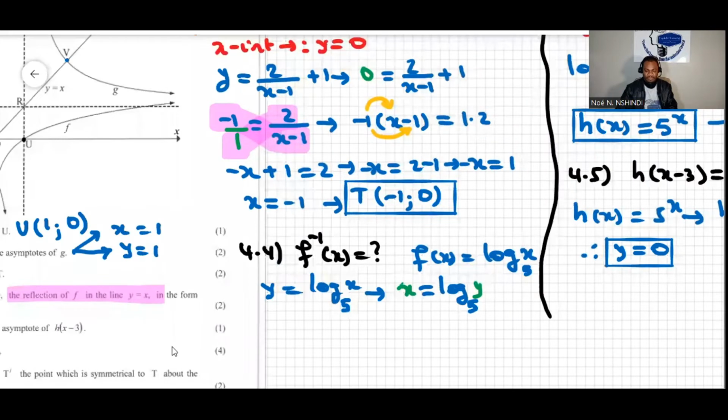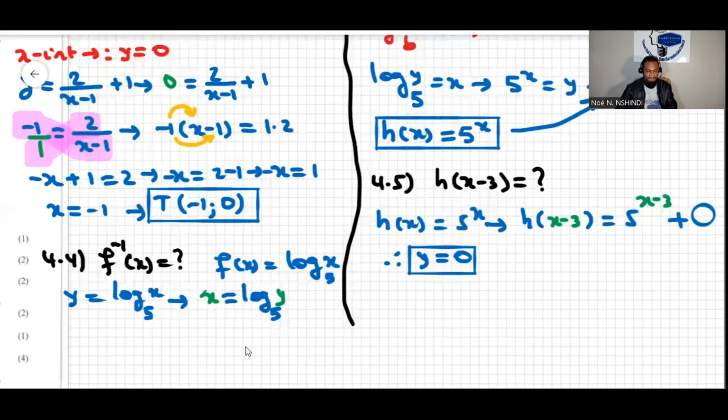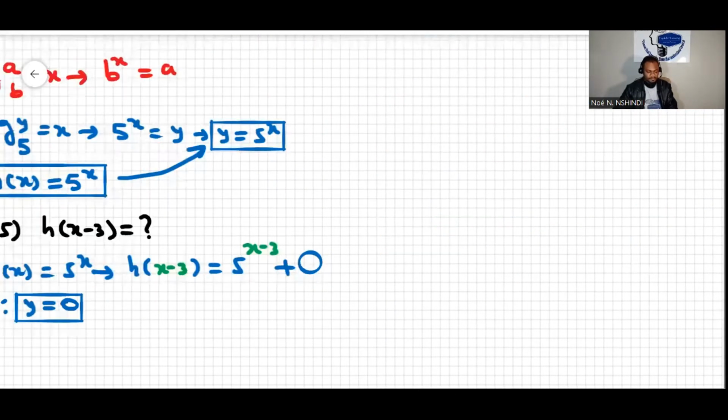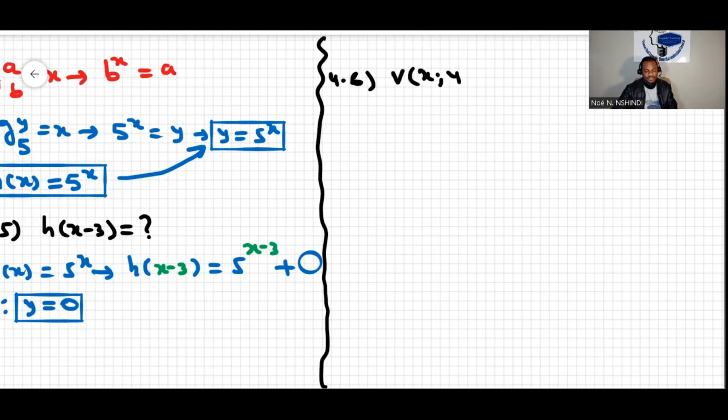Now I'm gonna move my board over here. Question 4.6, looking for V, the coordinates of V, so x and y. Being the intersection, it means we're going to equate the equations.